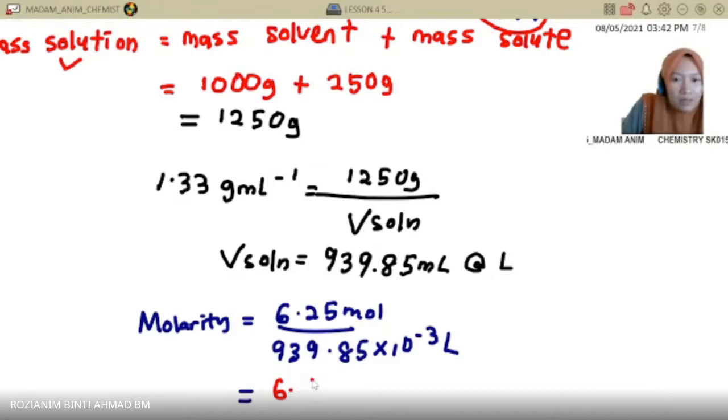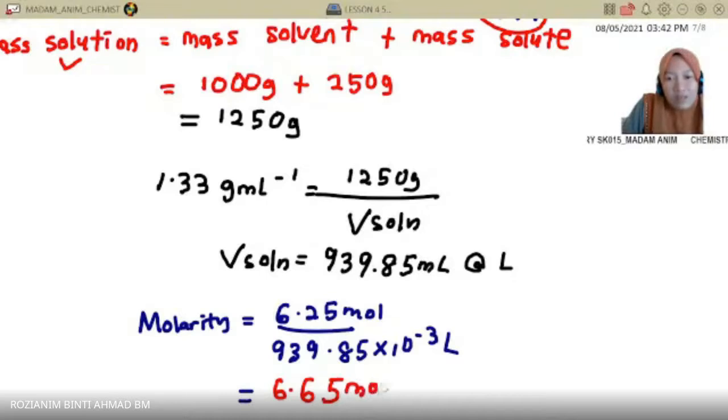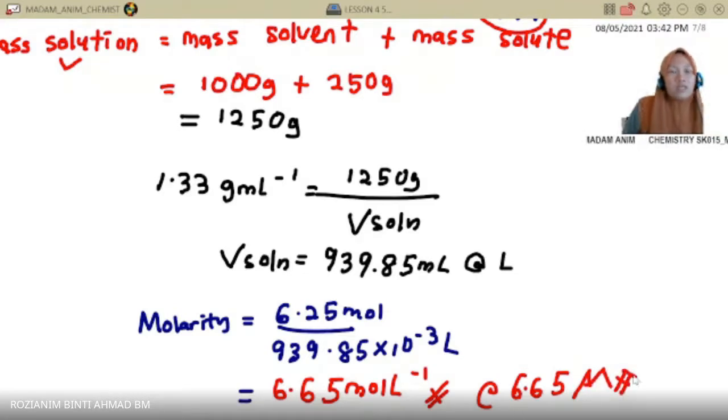Apa dapat? 6.65. Okay, good, correct. 6.65 mol per liter. Ataupun you boleh tulis 6.65 M capital letter. So this is the final answer. So remember, unit is compulsory. Okay, get it?